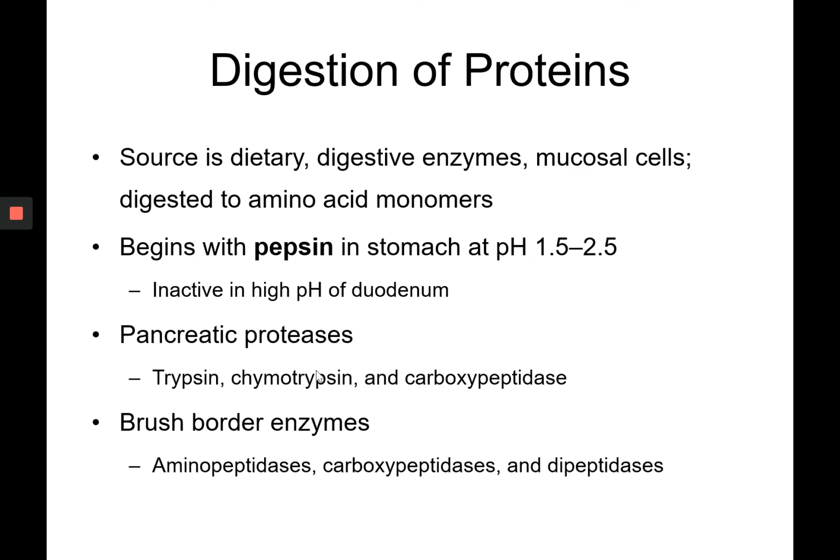Brush border enzymes are aminopeptidase, carboxypeptidase, and dipeptidase. Again, peptidases break down protein. The brush border is another term for the microvilli of the enteric cells in the small intestine. So these enzymes hang out on the microvilli of those enteric cells, hence their name, brush border enzymes.